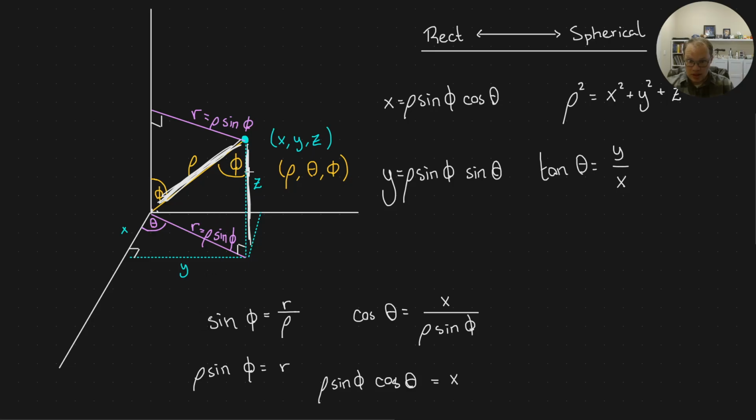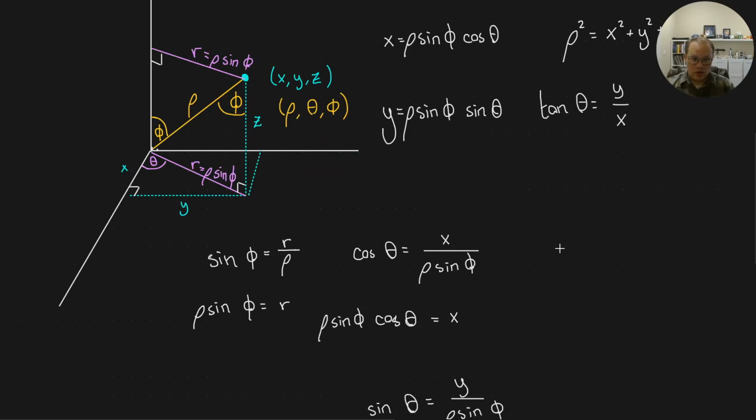So that means the side adjacent to phi and the hypotenuse. So that's cosine of phi equals adjacent over hypotenuse, which means z equals rho cosine phi.